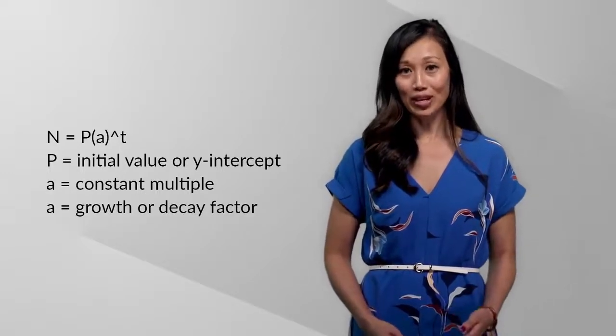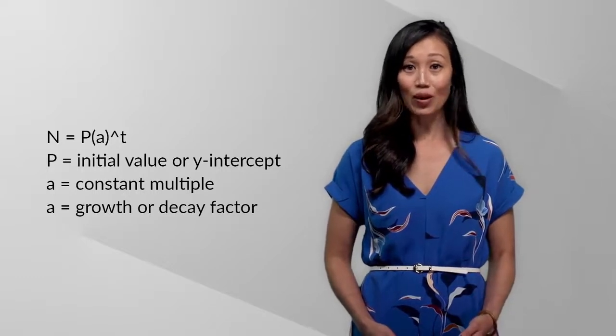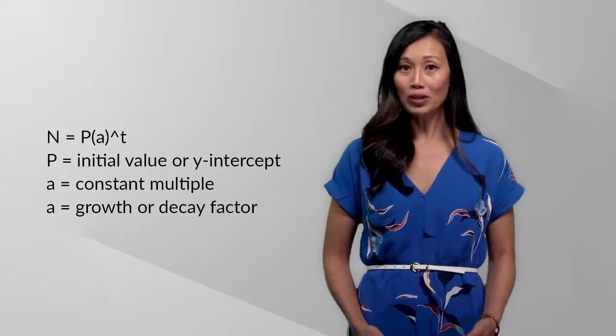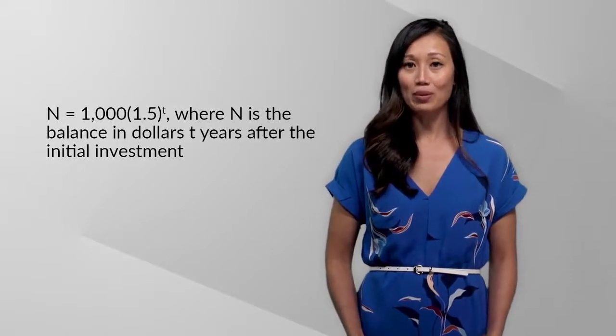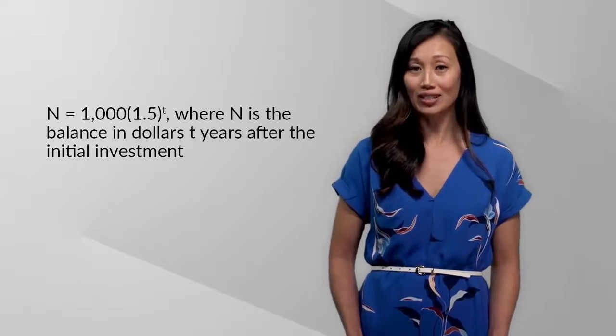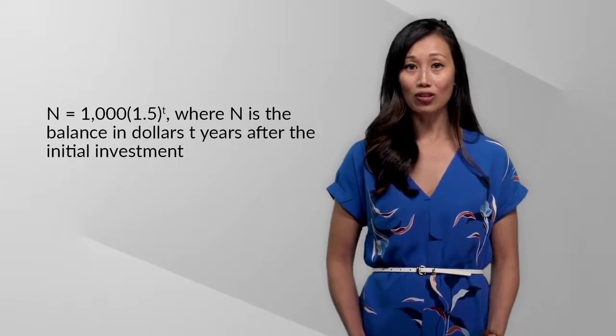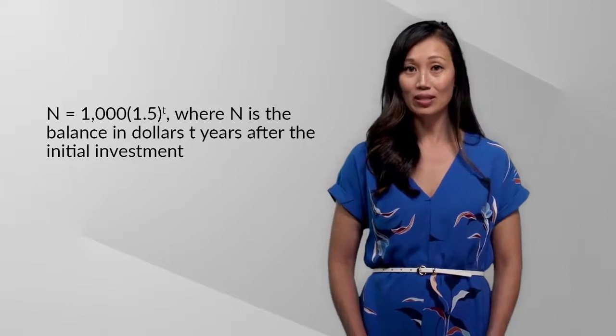In the previous application about the balance of an investment of $1,000 over time, the formula that models how the balance increases each year can be given by n equals 1,000 times 1.5 raised to the power of t, where n is the balance in dollars t years after the initial investment.